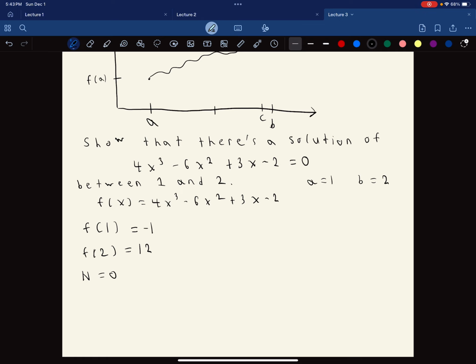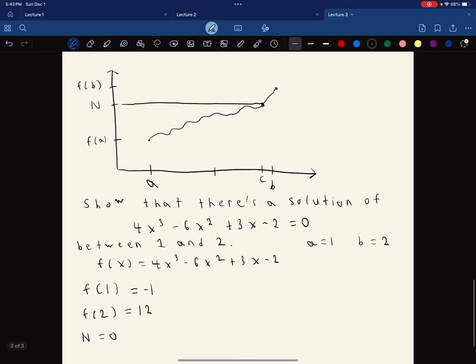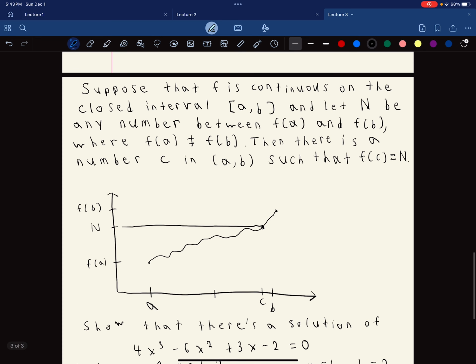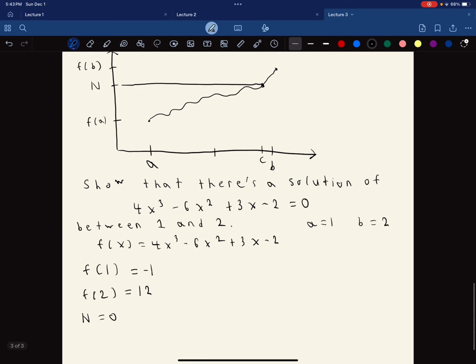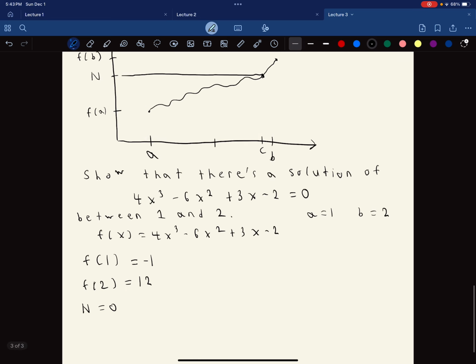Now, if you look at our definition again, let n be any number, n being on the y-axis, between f(a) and f(b), where f(a) cannot equal f(b). f(a) is -1, and f(b) is 12. So we know that since the function at the x value 1 is starting below the x-axis, and the function at the value of 2 is above the axis, the function must cross the x-axis at some point.